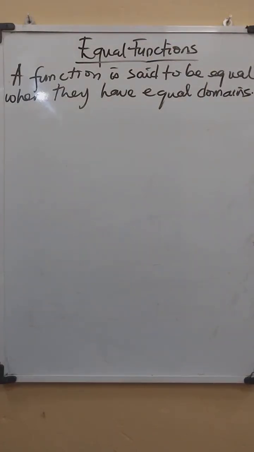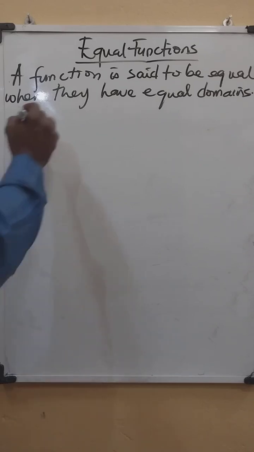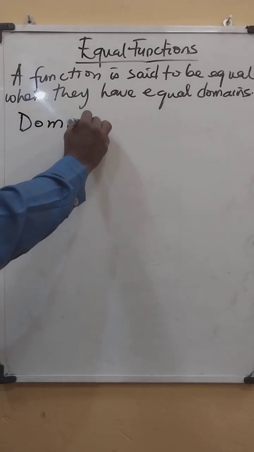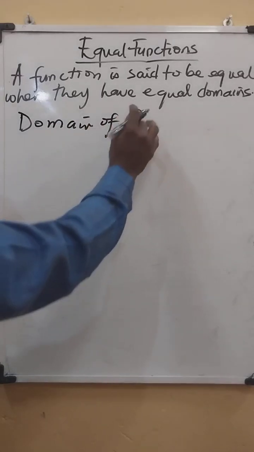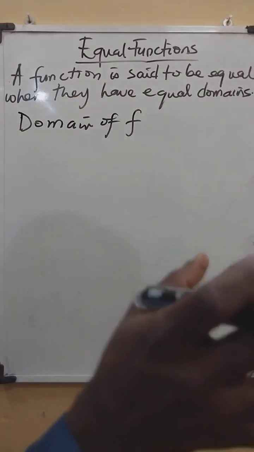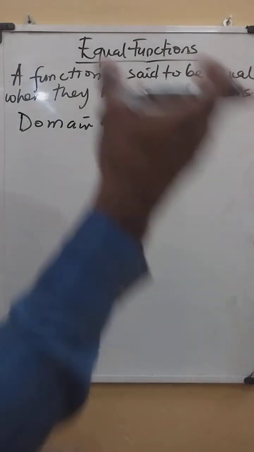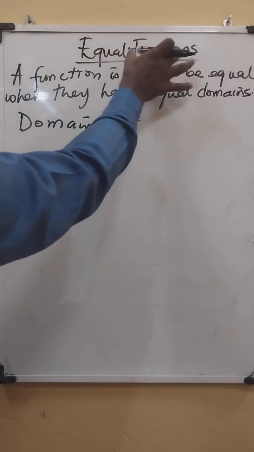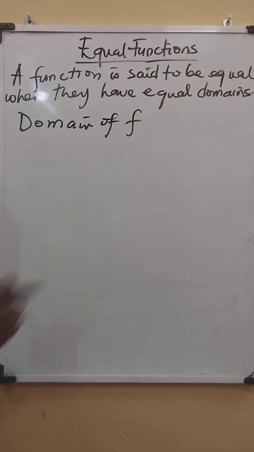For example, I want you to look at the board very well. For example, if the domain of f, we are talking about functions now, so take your mind a little bit away from what we have just done, because it's talking about functions. So f here stands for function.